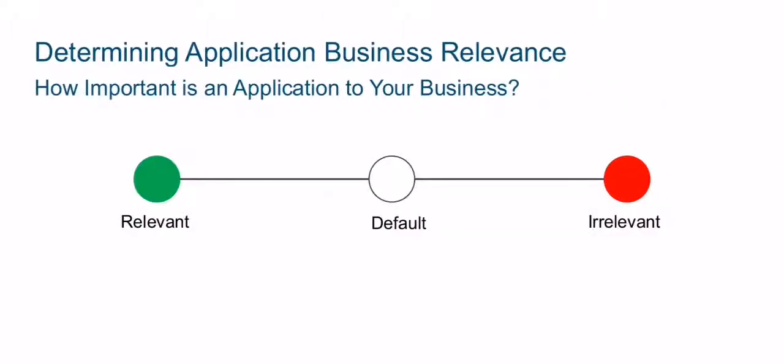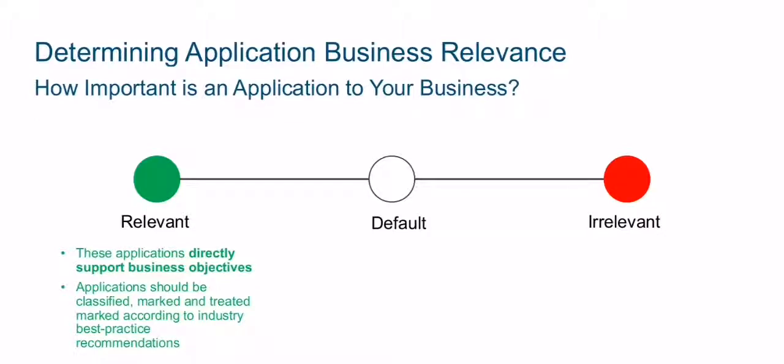So it depends on the company. Determining application business relevance. How important is an application to your business? Relevant, default, or irrelevant? Right? Normally, relevant is obviously voice over IP.